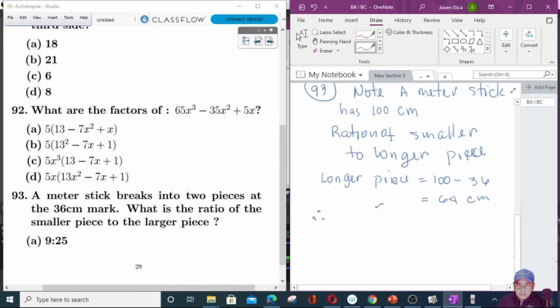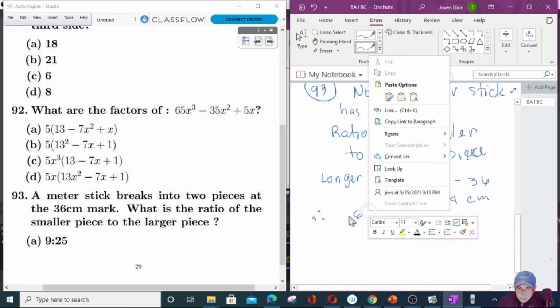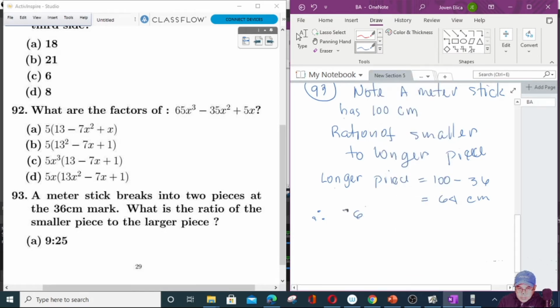Okay, so therefore the ratio of smaller to larger piece will be 36 is to 64. There is a common factor, divide it by 4.